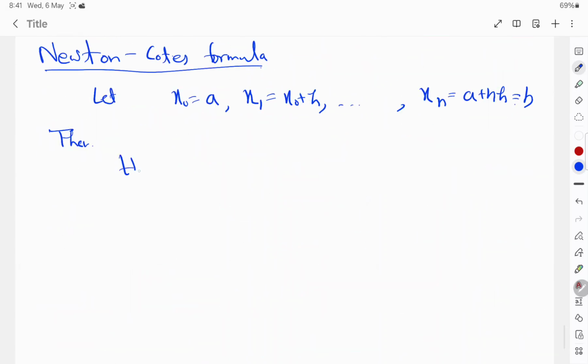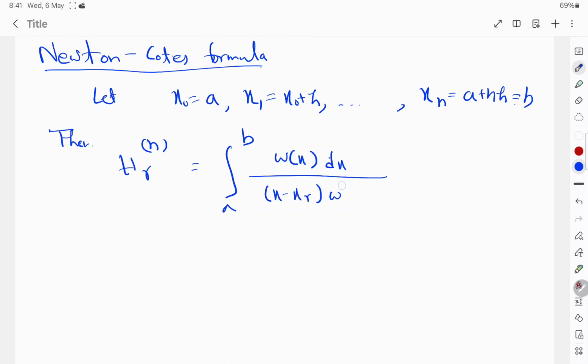Then hrn is the integral a to b of w of x dx by x minus xr into w dash xr. Here this is your x0, and this is x0 plus nh, right?